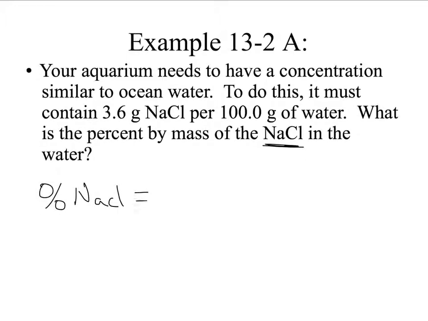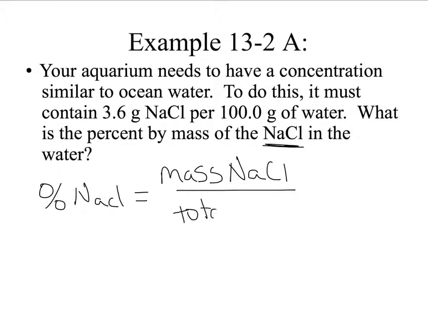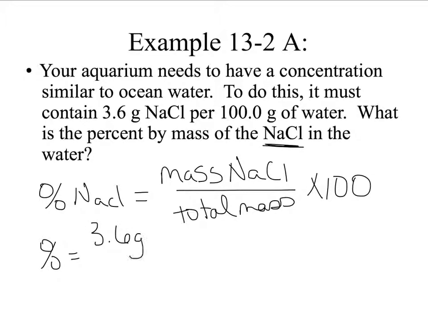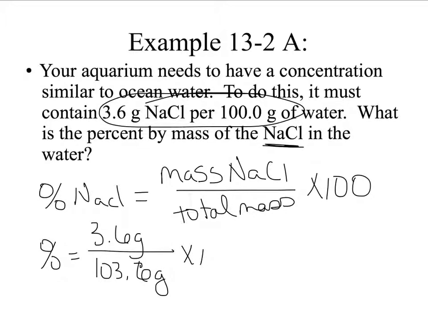We're going to have the mass of NaCl over the total mass times 100. Our NaCl is 3.6 grams over the total. So we have to add these two together and we get 103.6 grams, and multiply by 100.